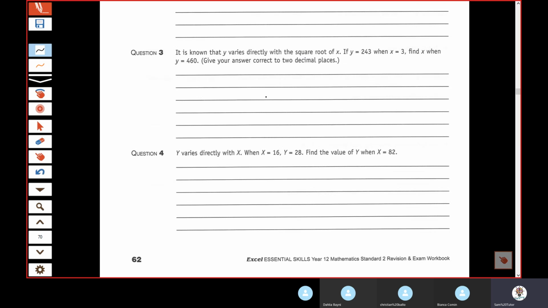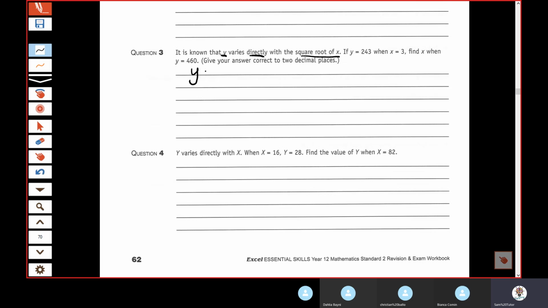Question 3. It is known that y varies directly with the square root of x. Who wants to tell me how we would write that? Y varies directly with the square root of x. What do we think? Well, it's the direct one. Yep.